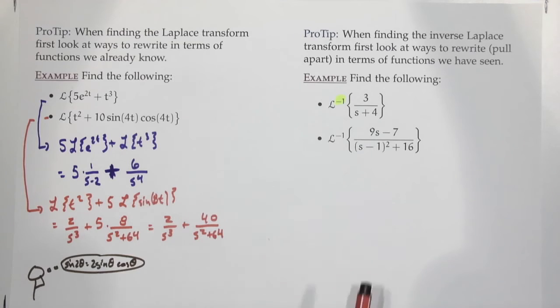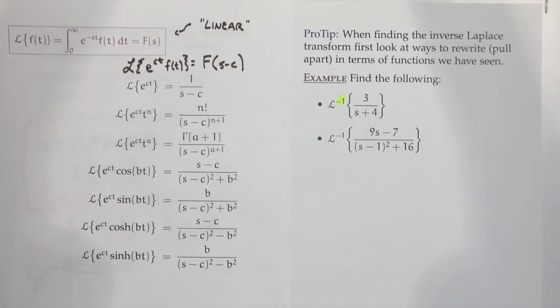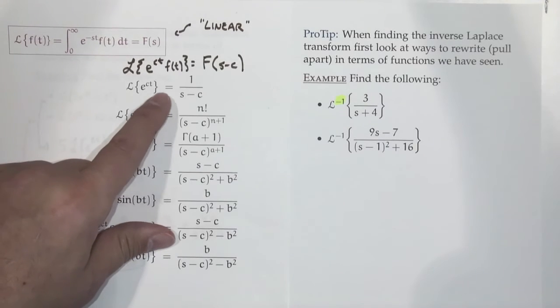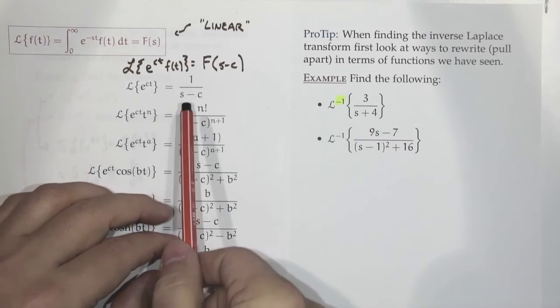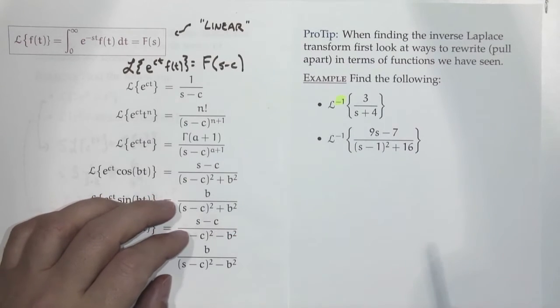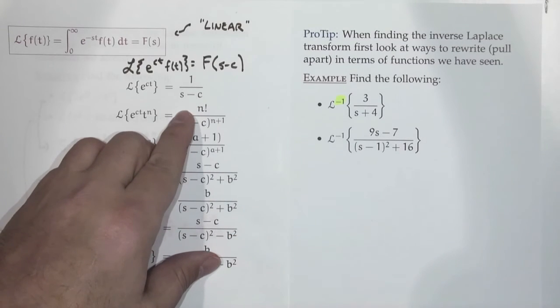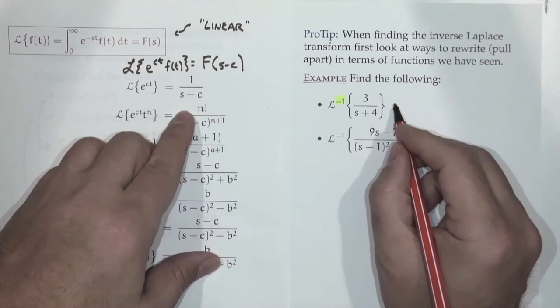So for example, this 3 over s plus 4. We start scanning the table. Does it look like anything that we've seen? Yeah, it fits this mold. I like to say mold because I'm trying to make it look like that. Now, if I were trying to make it look just like this, what are some things I could do? I could pull out the 3.